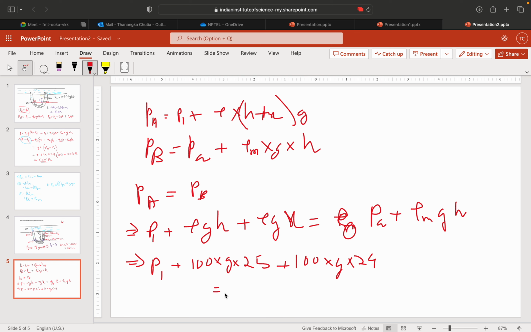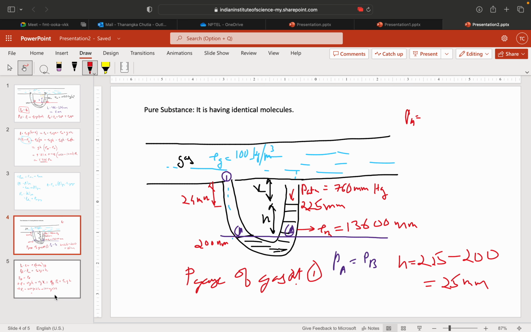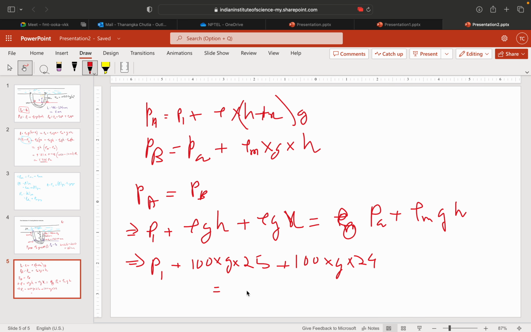This will be equal to P atmosphere, which we all know is 760 mm of mercury, so 13600 rho of mercury into g into 760, plus rho m, 13600 into g into 25.